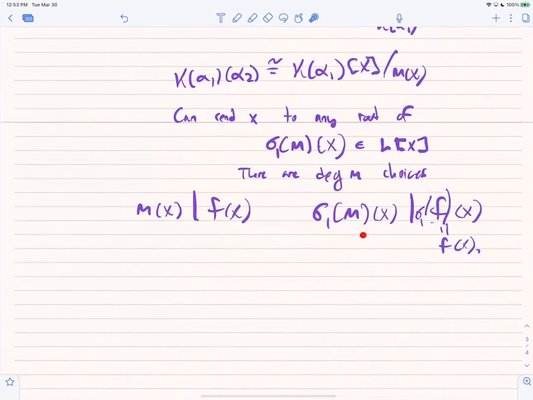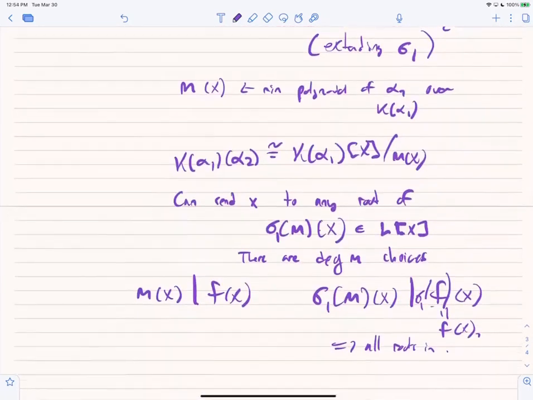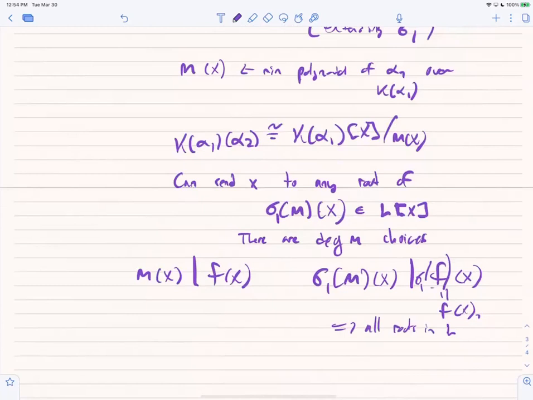That means all of its roots are in L, because L is a splitting field for F.